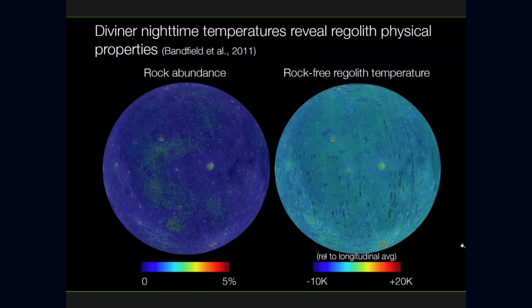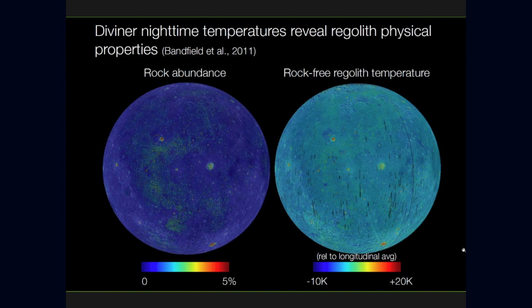So nearly 10 years ago, Josh Banfield created a very insightful data product using Diviner nighttime temperatures, exploiting the fact that the nighttime radiances that are emitted from the surface of the moon are almost completely influenced by the physical properties of the materials radiating.